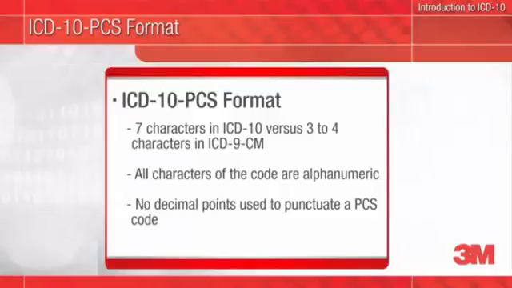We'll talk more about those characters in an upcoming slide. Lastly, no decimal points are used to punctuate a PCS code. If you deal with ICD-9 procedure codes at your local hospital or for research projects you may be involved with, it will take your eyes some getting used to the new format for PCS codes.